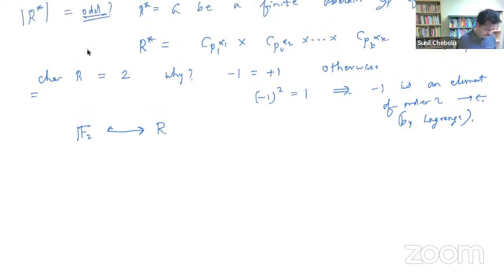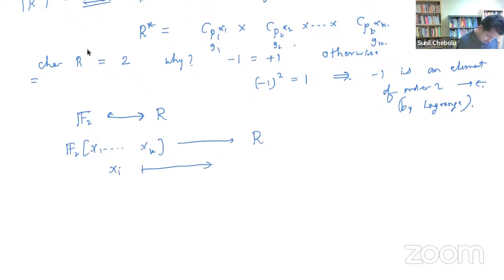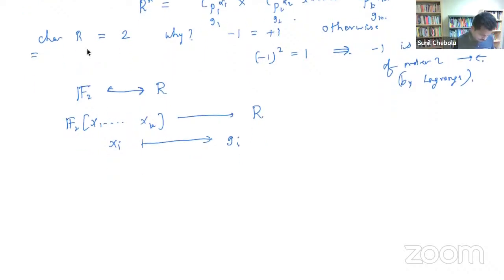So let's say you have generators g1, g2, up to gk. Then there will be a natural map from the polynomial ring F2[x1, ..., xk] to R, which maps xi to gi. And this is standard, and then this factors through the quotient map.